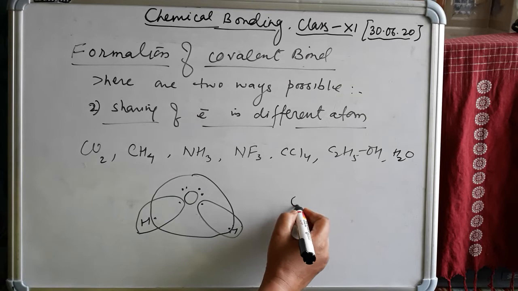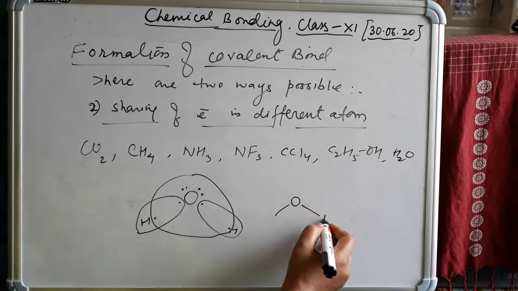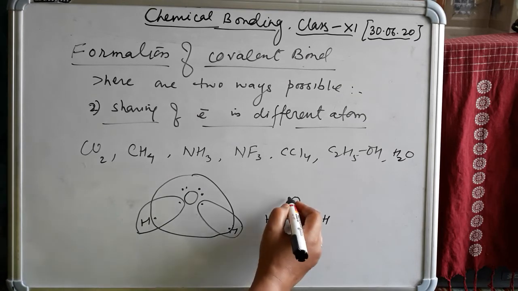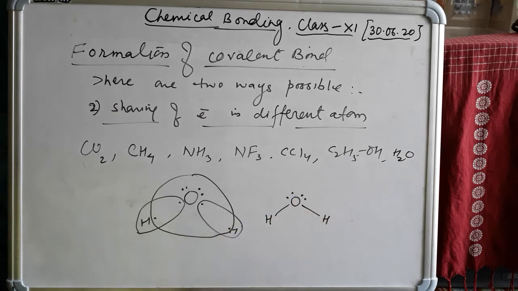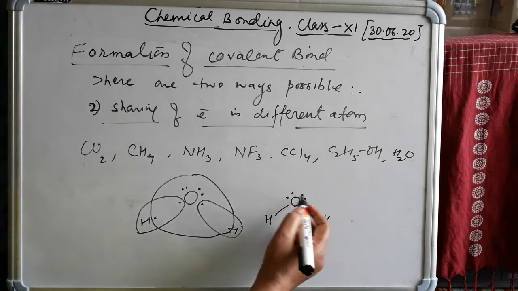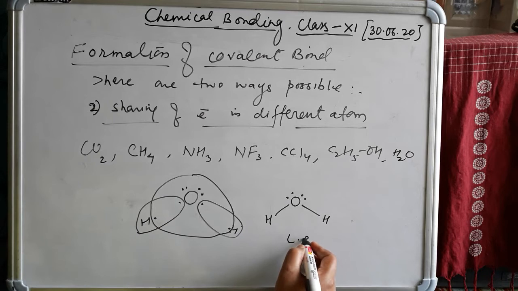So the formation of 2 single bonds with hydrogen, and how many lone pairs are present on this molecule? Total 2 lone pairs. So the number of lone pairs is 2 and bond pairs is also 2.